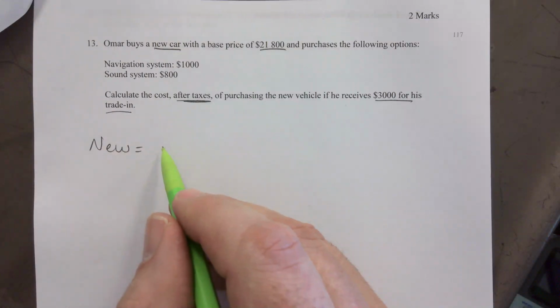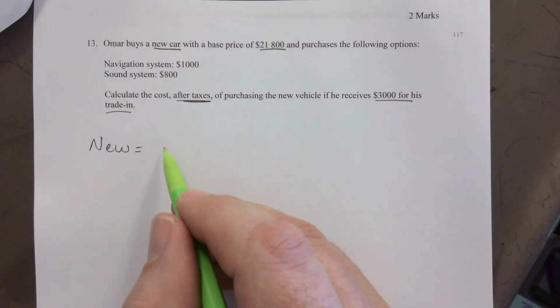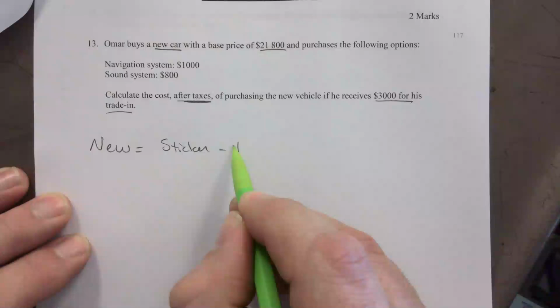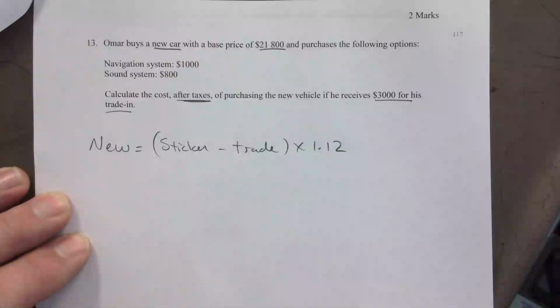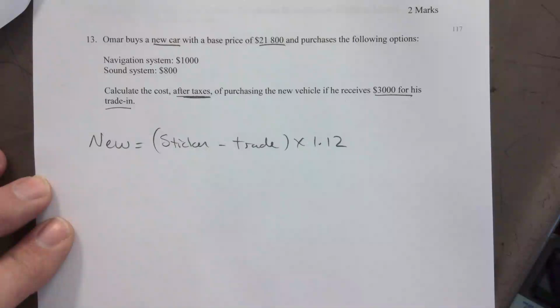What's that word again? Sticker, sorry. Sticker minus trade times 1.12. Thank you, Kim. Sticker minus trade times 1.12. That's what I gave you.